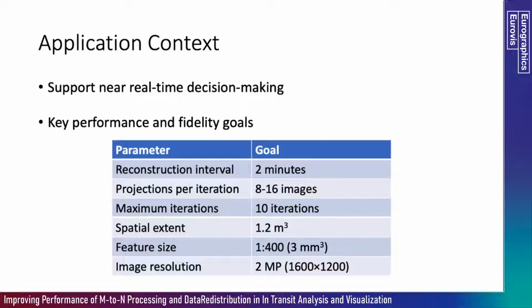We're interested in iterative reconstruction in part because it handles the sparse projection data better than its analytic counterparts. We also seek to reconstruct volumes up to about 1.2 cubic meters with a feature size of 3 cubic millimeters. This constraint leads to 400 cube voxel resolution volumes for our target application.